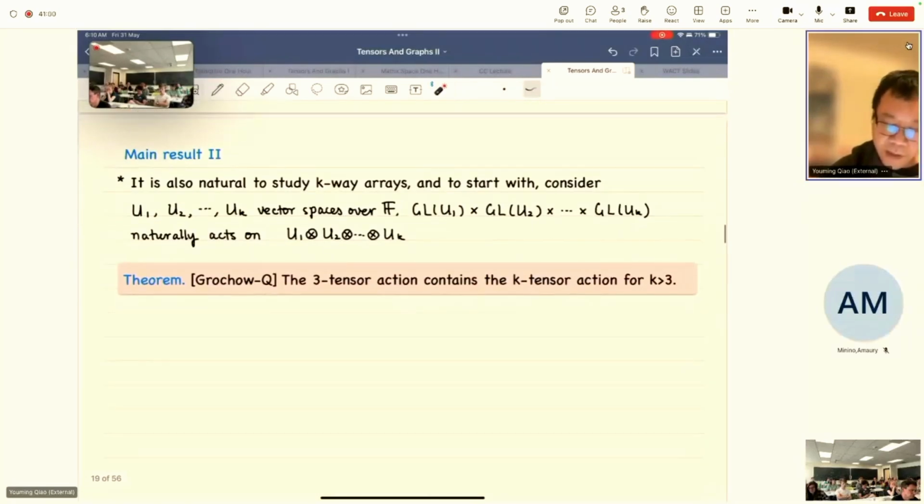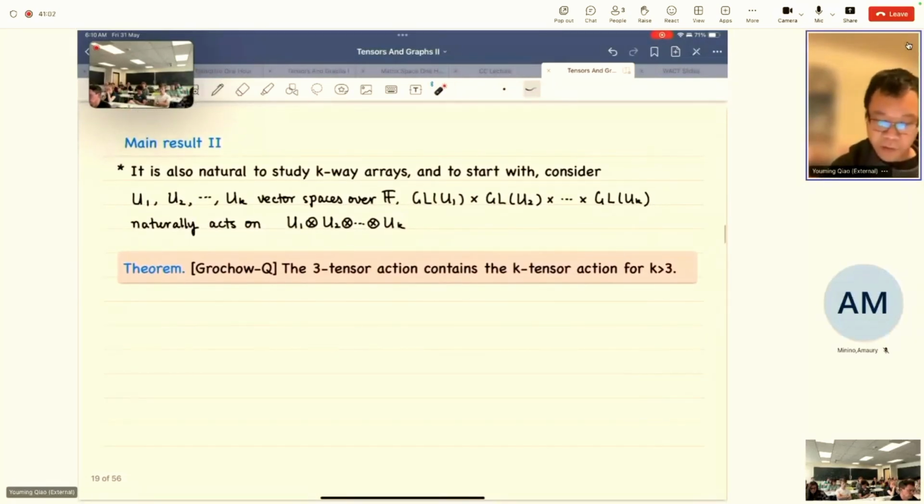And the second result is also, I think, pretty interesting. So far we have been mostly looking at 3-tensors or 3-way arrays in this lecture. But of course, you can also consider the so-called k-way arrays, right? If you have k vector spaces over a field F, then you have the general linear groups of U1, U2 up to Uk acting on the k-tensors. And then what will happen?